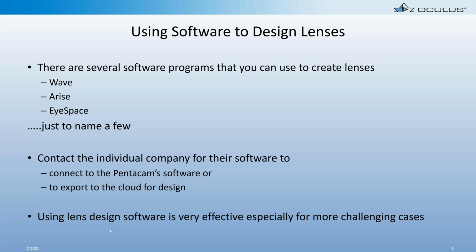And so having a software program allows us to do a little bit more to customize that lens and provide our patients a better outcome. And another circumstance would be a patient with a bit of a quadrant specific cornea. They do exist. If you're interested in any of these or others, I would say you want to contact the individual companies directly. This is not something that you necessarily contact Oculus for, but they will.